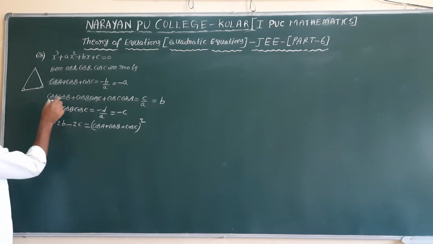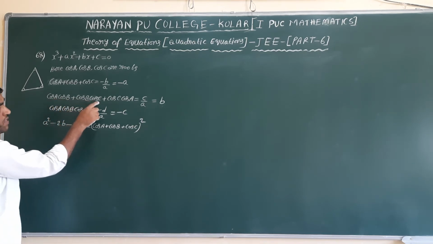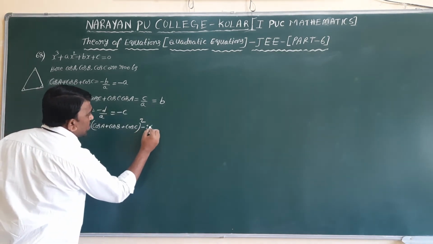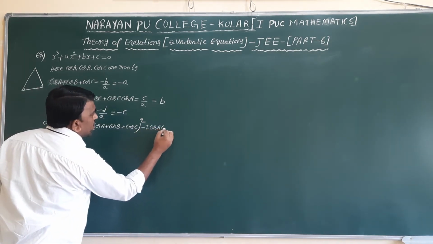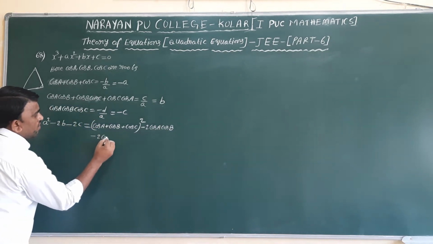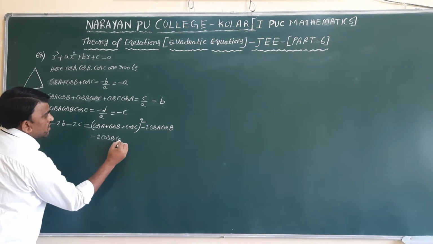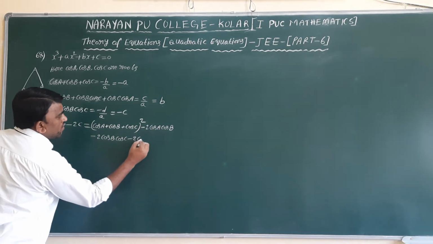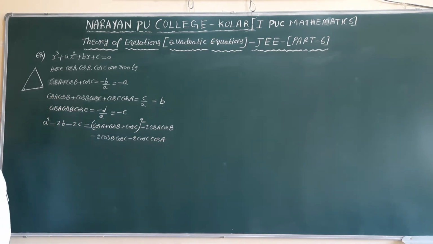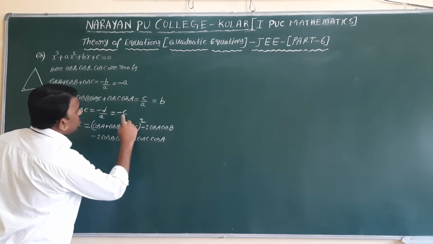The b value is cos a cos b plus cos b cos c plus cos c cos a, multiplied with minus 2: minus 2 cos a cos b minus 2 cos b cos c minus 2 cos c cos a, plus minus 2c.